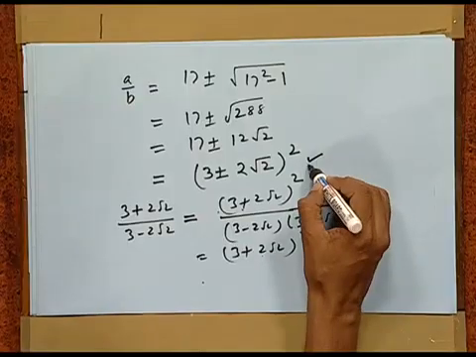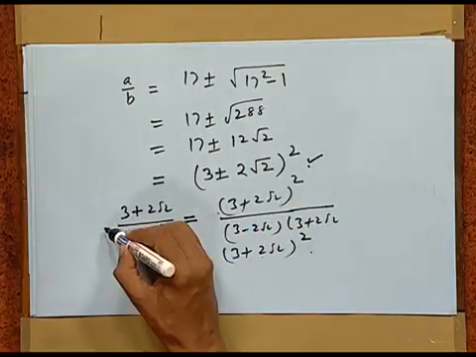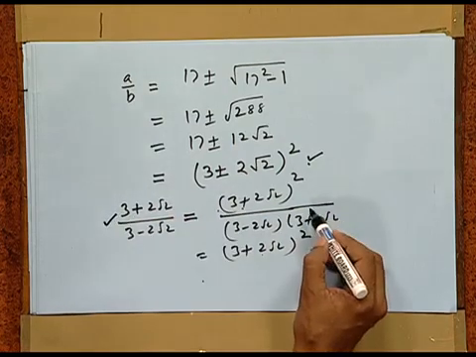Similarly, if we take (3 minus 2 root 2) upon (3 plus 2 root 2), we get (3 minus 2 root 2) whole square. So, ultimately the value of A upon B which we get is the same as the one which we require, both are equal. Hence, we have completed the question.